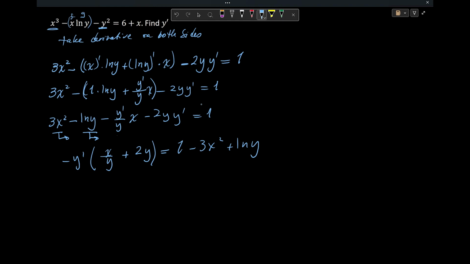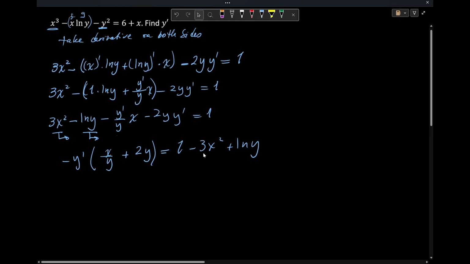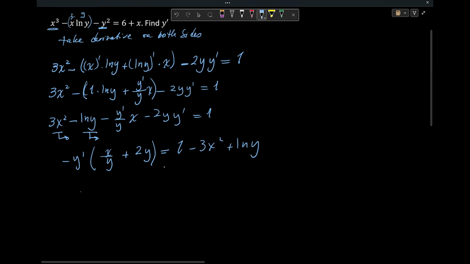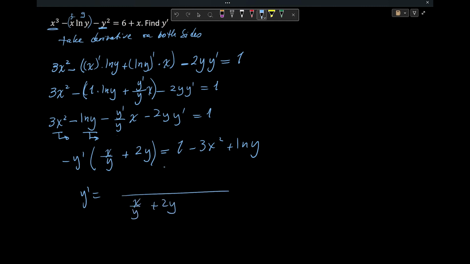Okay? So I multiply everything by minus, which means flip the sign on every one here and flip this, and then divide by this. So y prime equals x over y plus 2y. And on top, I'll have 3x squared minus ln of y minus 1.